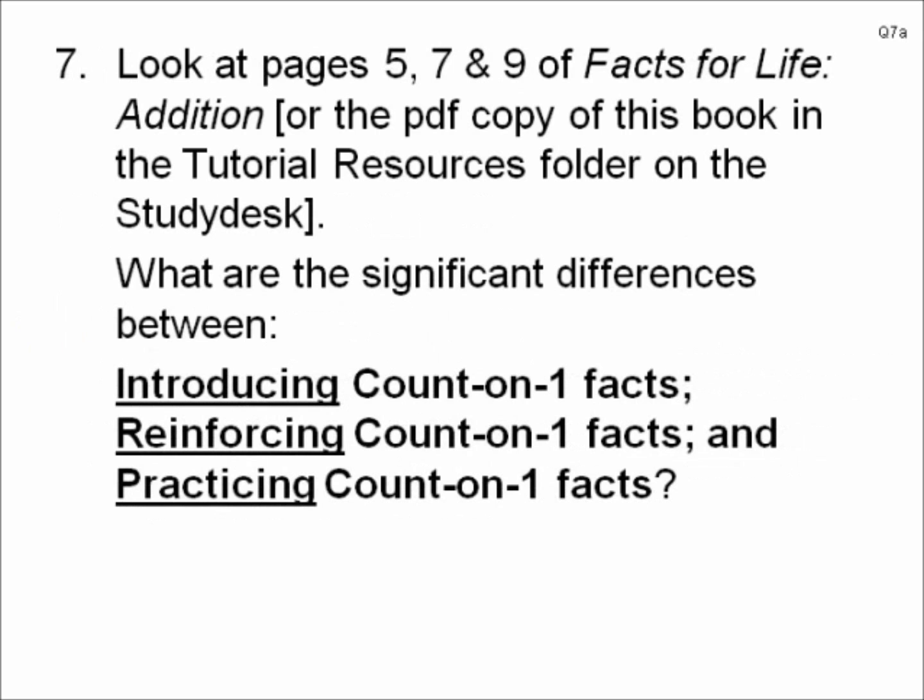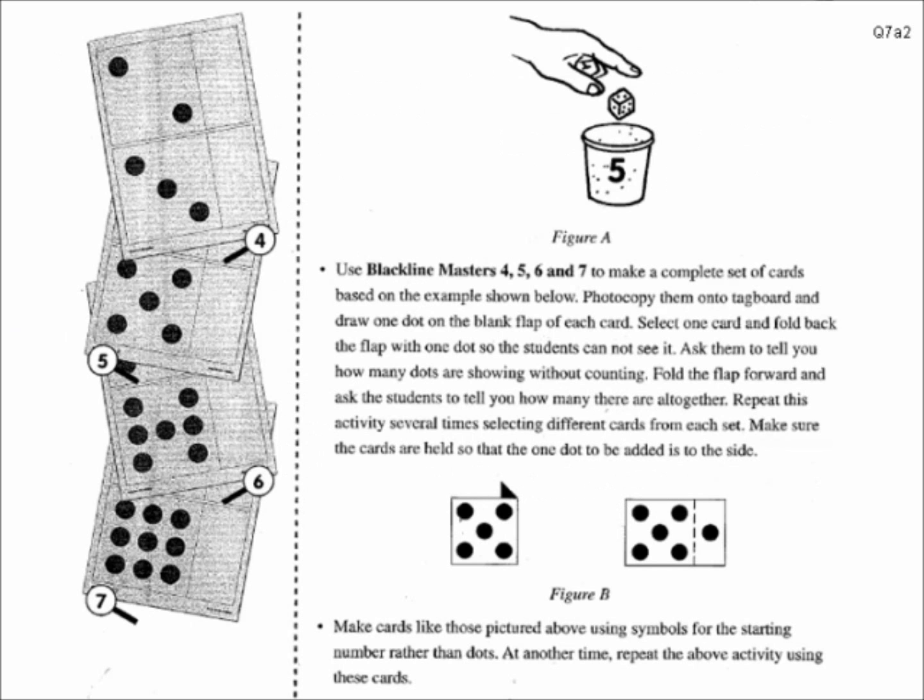Okay, so if we have a look at the container here, there's 5 cubes put into the container. The 5 is written on the container. You add another 1. The students know they don't have to recount the 5 that were already in there, and they can count on 1 to find out that the total is now 6.